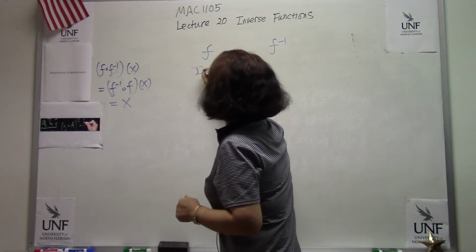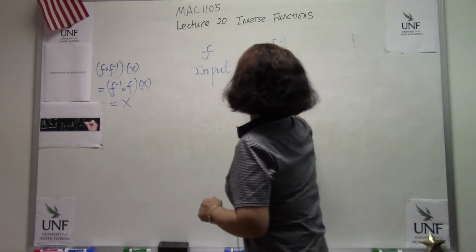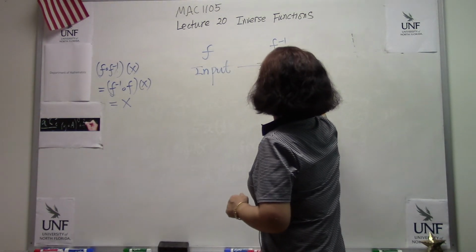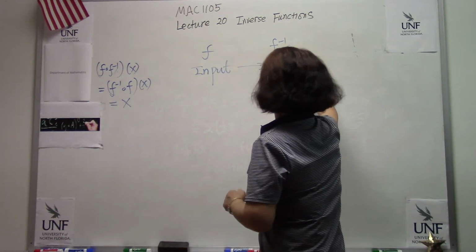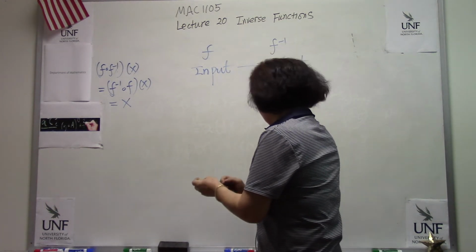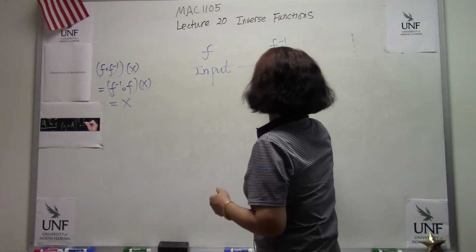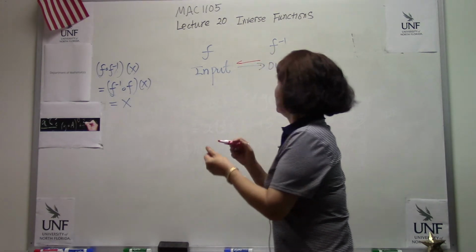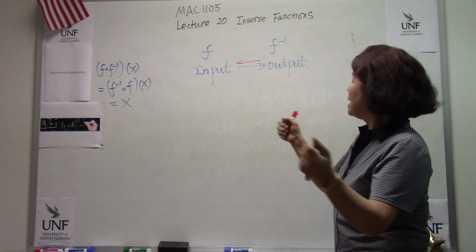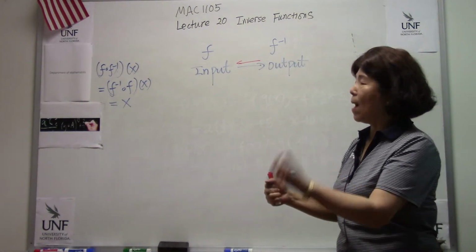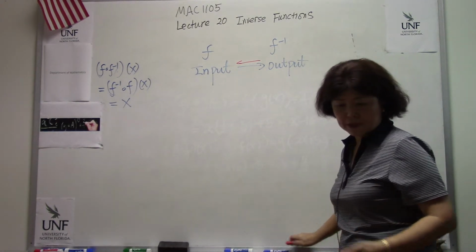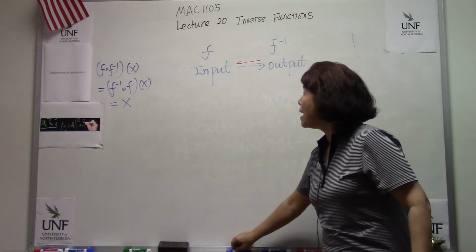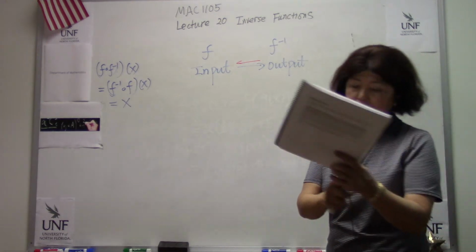So input of f becomes what? Output of f inverse. And the other way around also, okay? So either way, input, output, that means x and y, they are just swapped. That is the definition of inverse function.